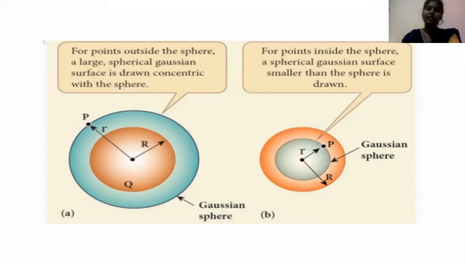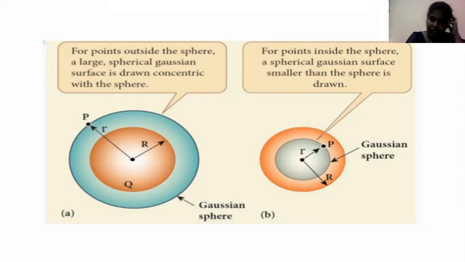The inside one is the actual sphere of radius capital R and charge capital Q. Now with small r, you take a Gaussian surface. It's an imaginary Gaussian sphere. For the points outside the sphere, a large spherical Gaussian surface is drawn concentric with the sphere.